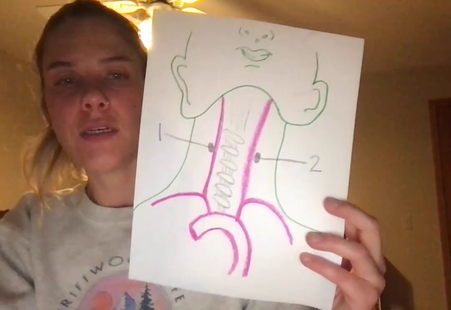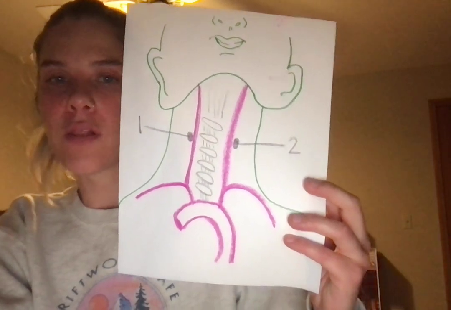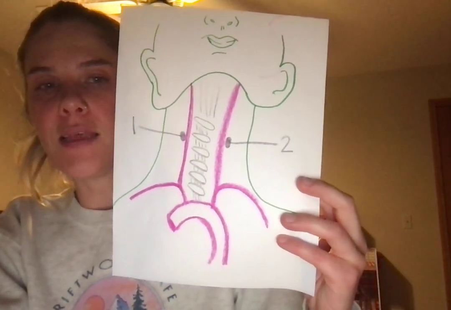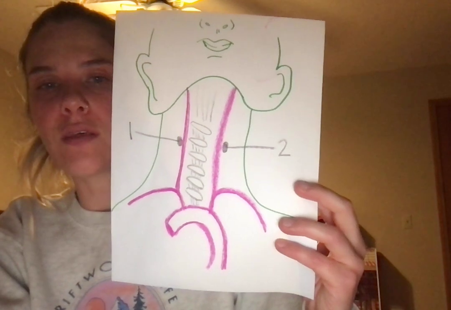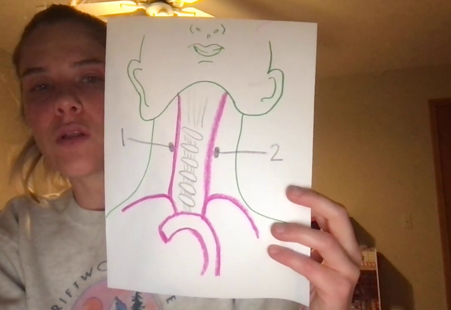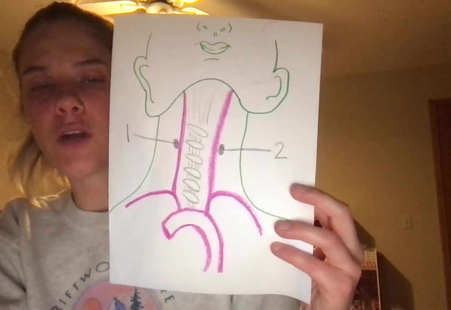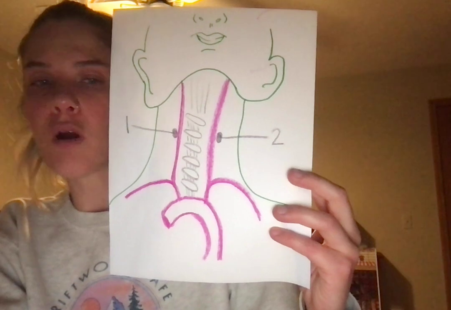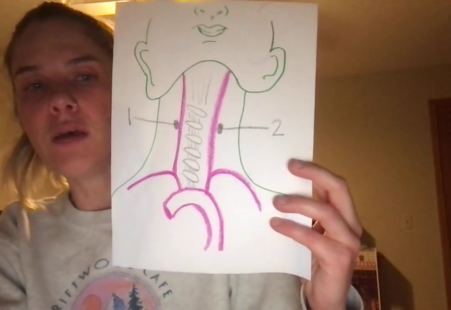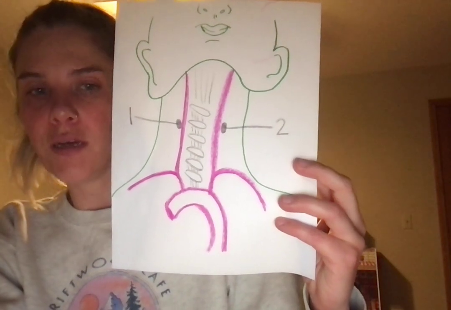The carotid arteries originate from posterior to the sternoclavicular joints, and in the neck, they are contained within the carotid sheath posterior to the sternocleidomastoid muscle. Your left common carotid artery arises from the aortic arch, while your right common carotid artery arises from the brachiocephalic artery.